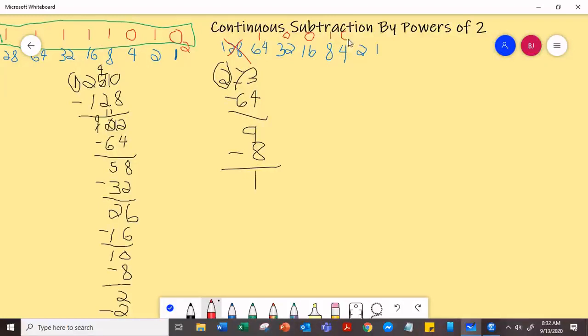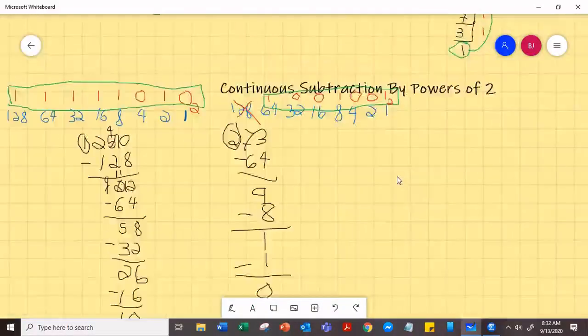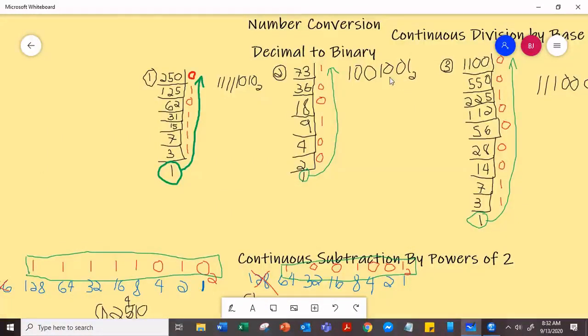We cannot use 4 and 2, but we can use 1 as a subtrahend. And then we end because we already get a difference of 0. And then we use 1 as a subtrahend, then we get this. And our answer would now be this one here. So that would now be equal to 1001001, which is the same answer as our first method.